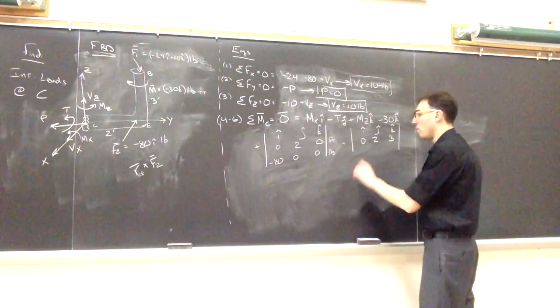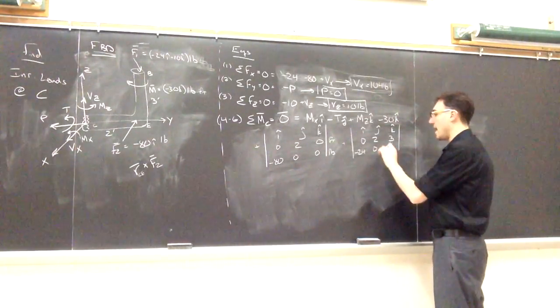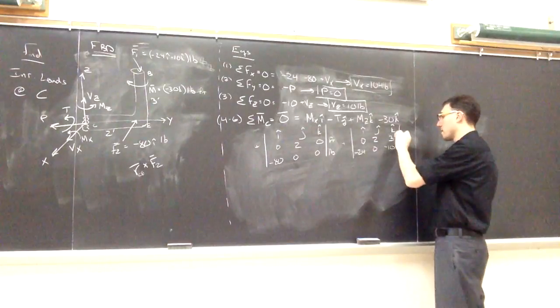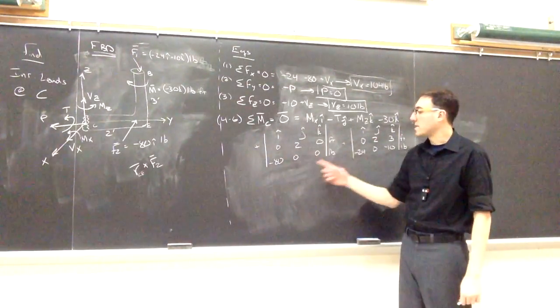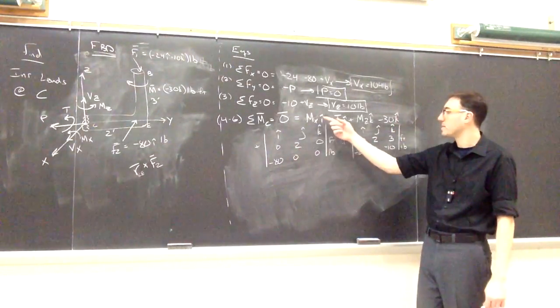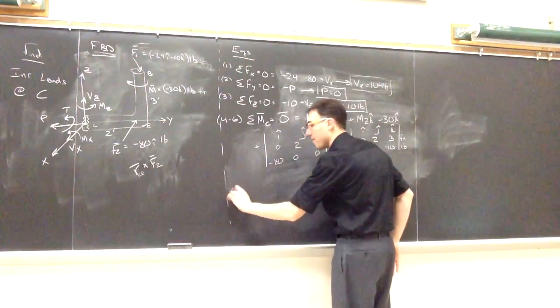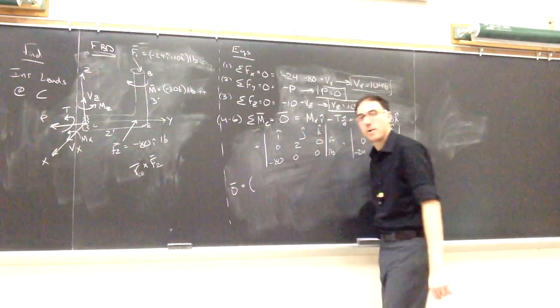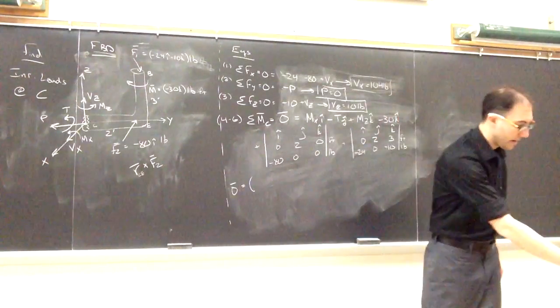And the components of F1 are negative 24, 0 in the j, and negative 10 in the k. When I expand this cross product out, or this determinant out, I'll have ijk components. I have ijk components up here. Like we saw in chapter 5, I group the like components together and rewrite my vector equation that way.